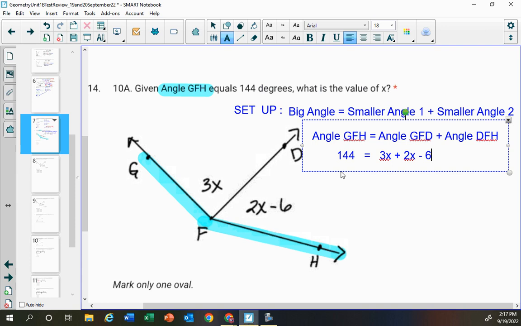That's going to be your setup. You have to understand who's the big angle here. GFH. Yep. And then that GFH is the total between your two smaller angles. That's where we're going with this problem.